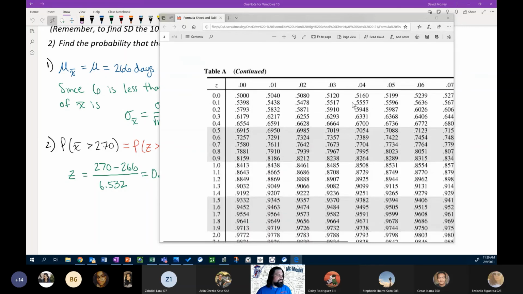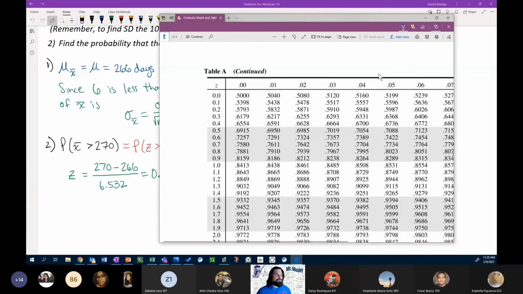Go to the second part of the table, and we have 0.6 right here, 0.1 right here, and we have 0.7291 as the proportion of the area under the curve less than 0.61.